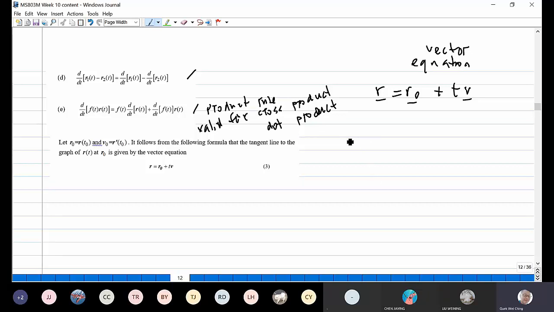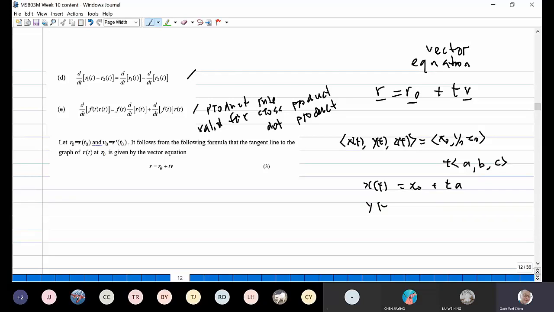For example, x(t), y(t), z(t) is equal to x0, y0, z0 plus t times (a, b, c), where (a, b, c) is the direction vector v. So x is equal to x0, a fixed point, plus ta.